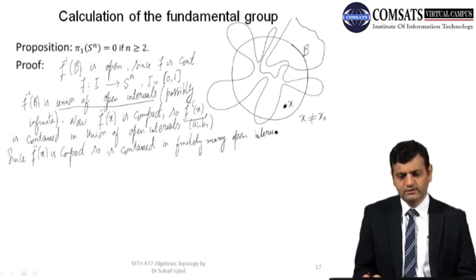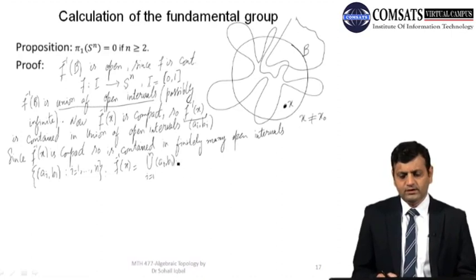So let's say these open intervals are ai, bi, where i is equal to 1 to n, where n is some finite number. So f inverse x is equal to the union of these intervals ai, bi, where i is equal to 1 to n.